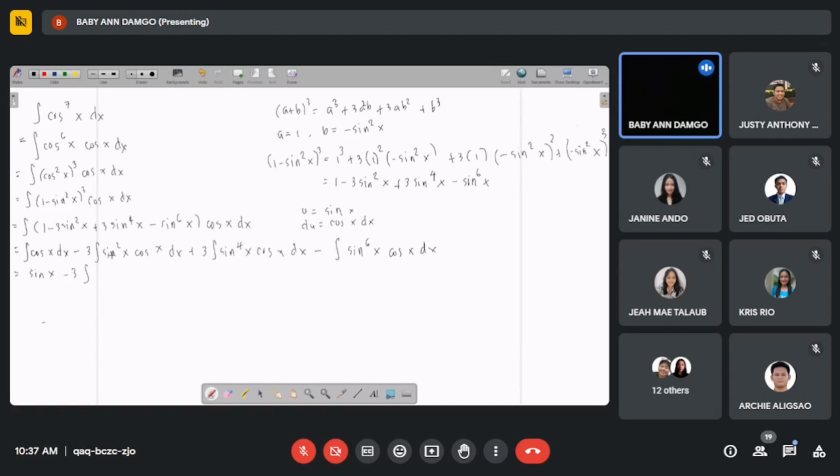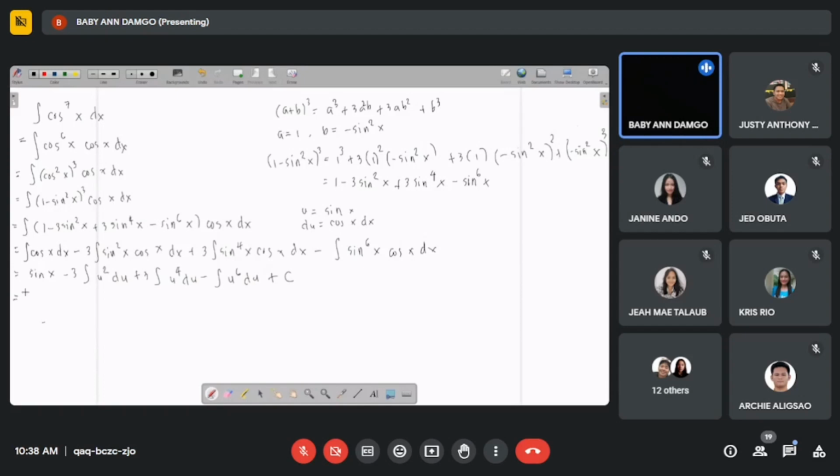Our sine x here is u, so we have u squared, and then cosine x dx is our du, plus 3 integration of u to the fourth, and then cosine x dx is du, minus integration of u to the 6, and then the cosine x dx is our du, plus c because we already evaluated the integration of cosine x dx.